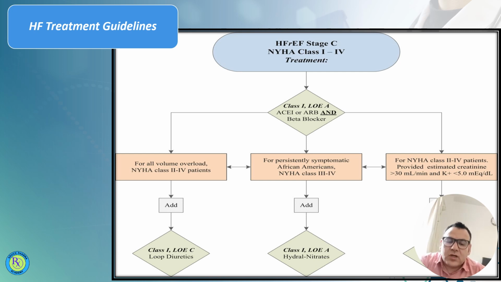For patients who are NYHA class 2 to 4, provided with estimated creatinine clearance more than 30 ml per minute and potassium less than 5, so they have good renal function and no hyperkalemia, this class of patients will be eligible to start an aldosterone antagonist like spironolactone or eplerenone. And we will continue in the second part.